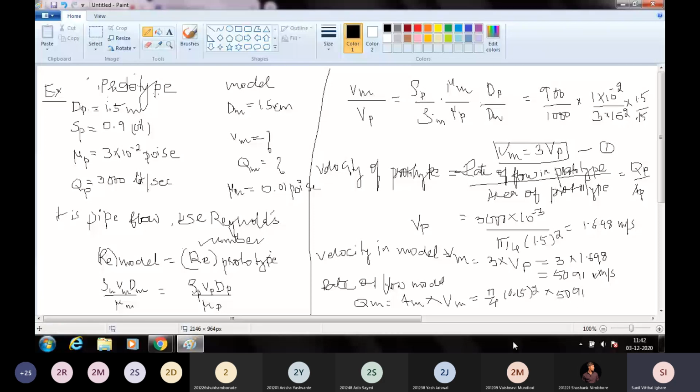Approximately you will get the answer 89.9 multiplied by 10 to the power minus 3 meter cube per second. So this is how you solve the problem for the distorted models by the Reynolds.